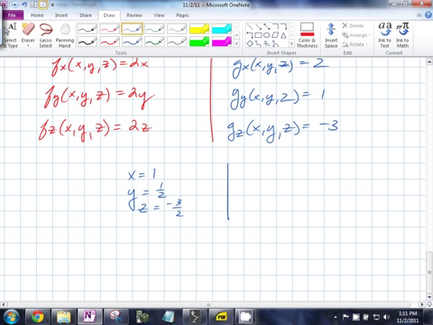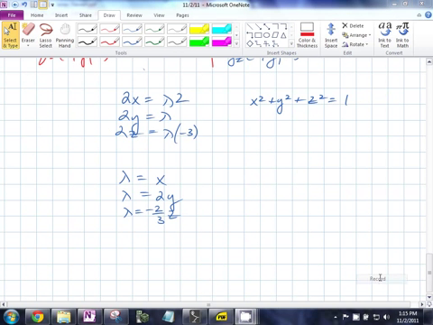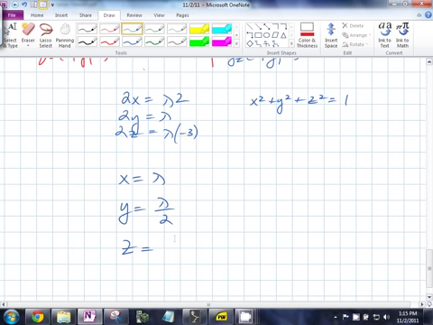But instead of isolating lambda, let's isolate x, y, and z. If we isolate x, y, and z, we have x is equal to lambda, y is equal to lambda over 2, and z is equal to -3/2 lambda, right? What can we do with all three of these? Plug them in right here. This is something we haven't done before, but you definitely can. I like this because it gets us there a little faster.